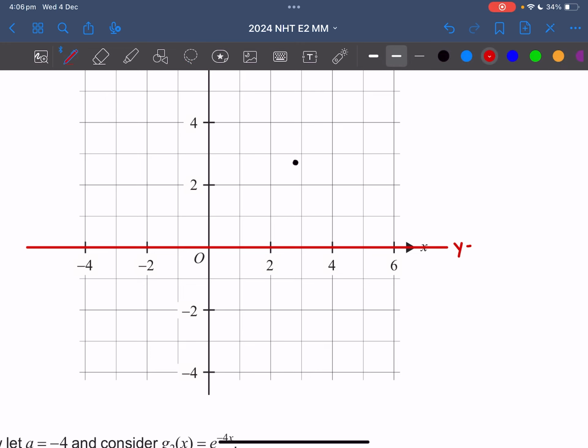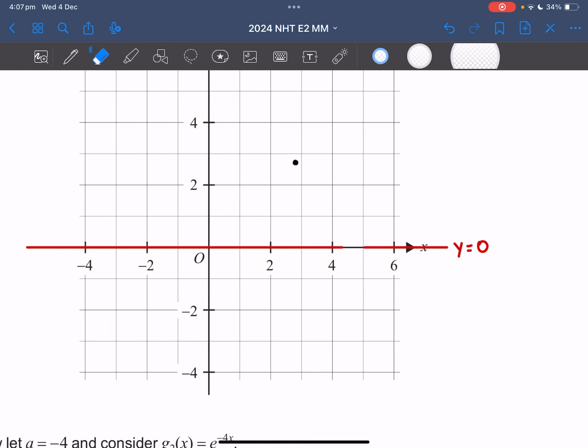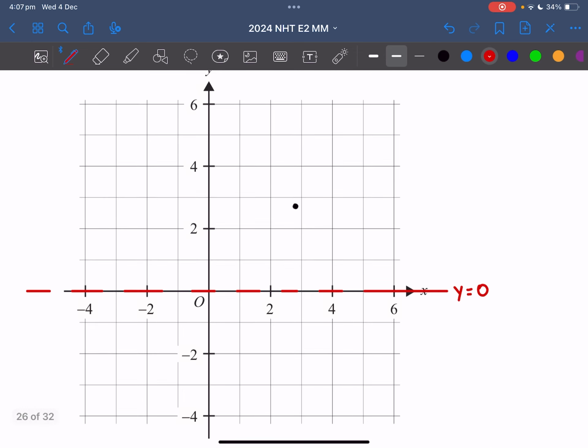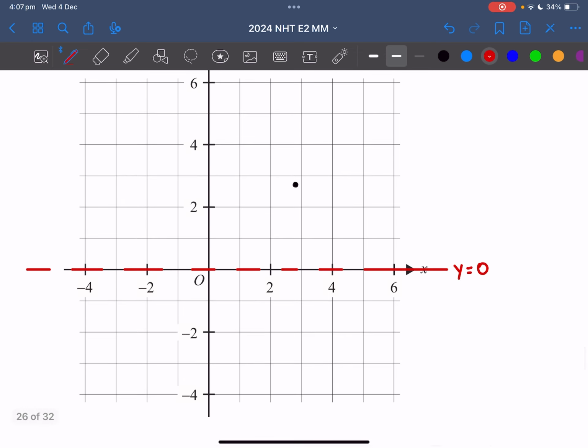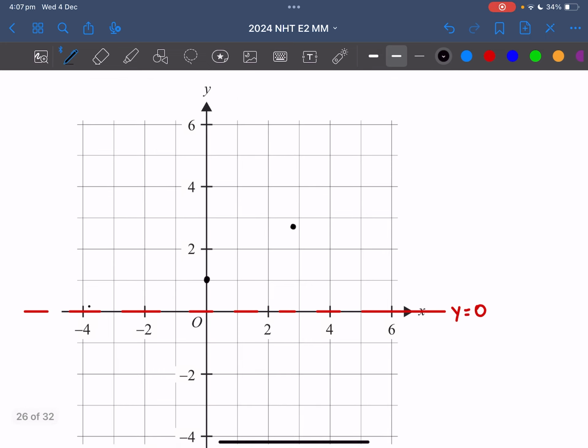We got y equals 0, and of course this line has to be a dotted line. The shape is pretty obvious as well. Now we just have to check the scaling, because we don't want to scale the graph incorrectly. This is going to be the y-intercept, and that is going to be our intersection. So I guess we can draw something like that.